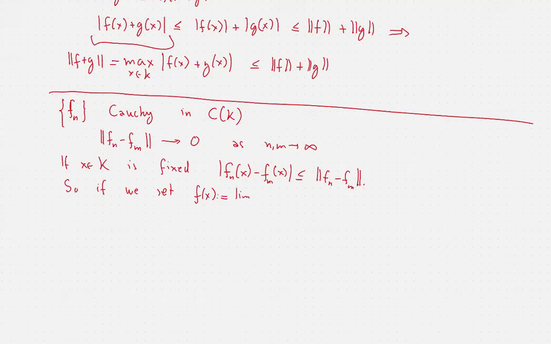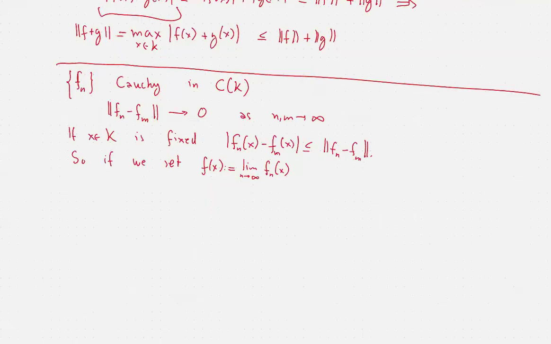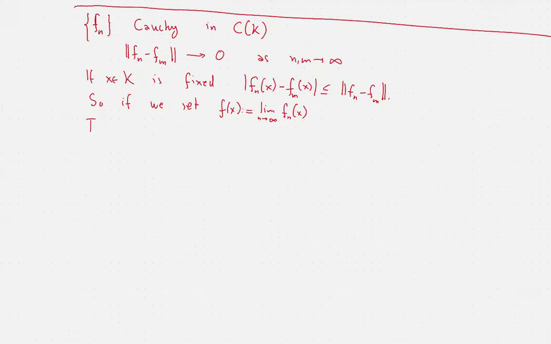That is, to check that f belongs to C of K, and f_n tends to f in C of K. So we have to show both of these things.